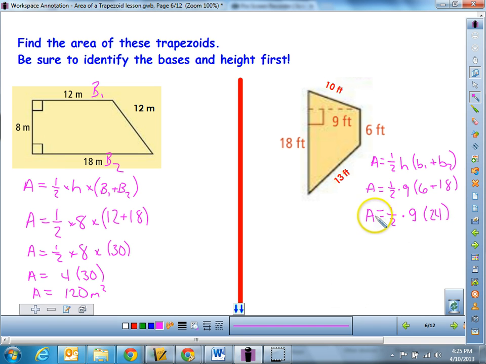So now we have area equals, so now I've got all multiplication. I can go left to right here. 1/2 times 9 gives me 4.5 times 24. So what do I get when I take 4.5 times 24?